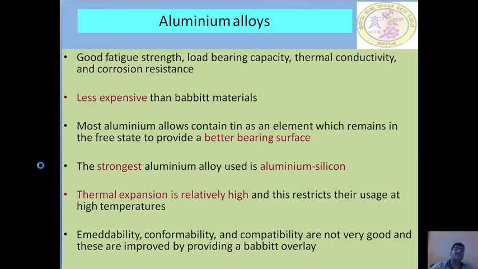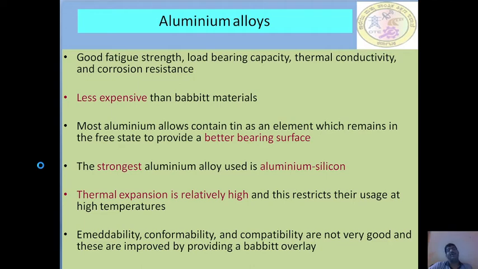Hence, aluminum alloys are commonly used as bearing materials. It is comparatively less expensive than the Babbitt materials. Most aluminum alloys contain tin as an element which remains in a free state to provide a better bearing surface. The strongest aluminum alloy used is aluminum silicon, because in aluminum silicon, silicon is the hardest material.